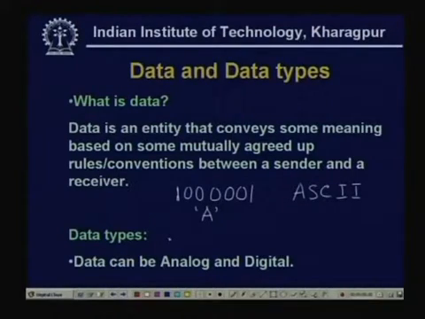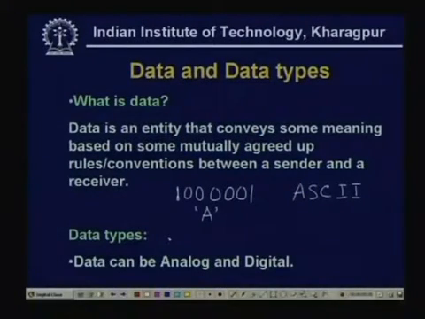For example, we hear many noise disturbances from the environment, but we do not interpret everything as data. But whenever we hear a music or song, then we can interpret it and we can understand the meaning of that song, and that can be considered as data.